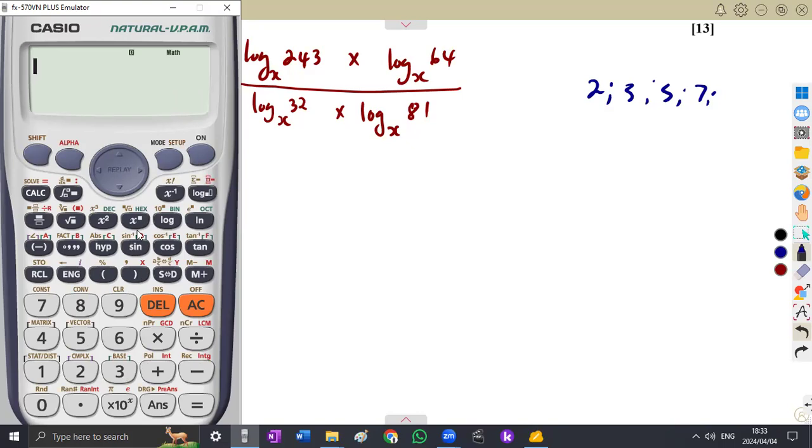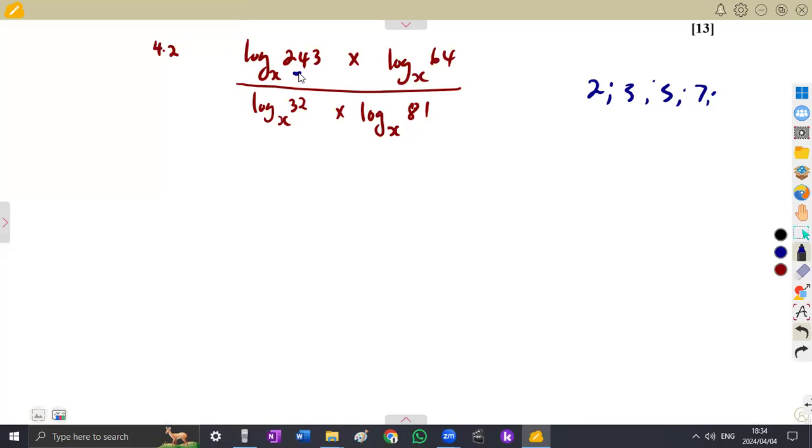Try 3 to the exponent of 4, you obtain 81, which is not this one. 3 to the exponent of 5, you obtain 243. So this can be written as 3 to the exponent of 5, which is 243. We go to this 81, we saw that 3 to the exponent of 4 is 81.